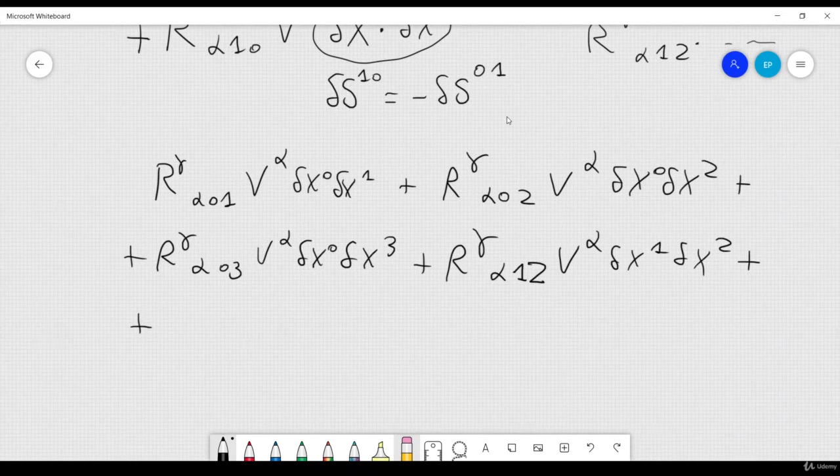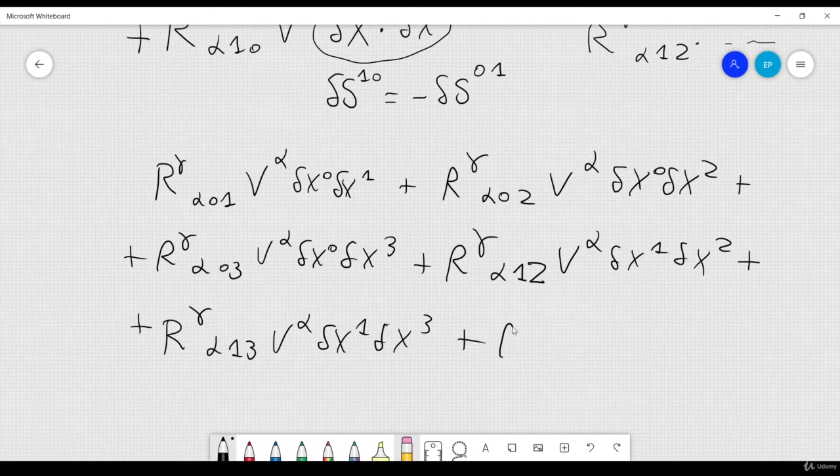R^γ_α,13 v^α δx^1 δx^3, plus R^γ_α,2 but you cannot start from 0 because otherwise you would cancel this term. You cannot start from 1 because otherwise you would cancel this term. If you put 2, you will get 0, so the only possibility here is to put 3.